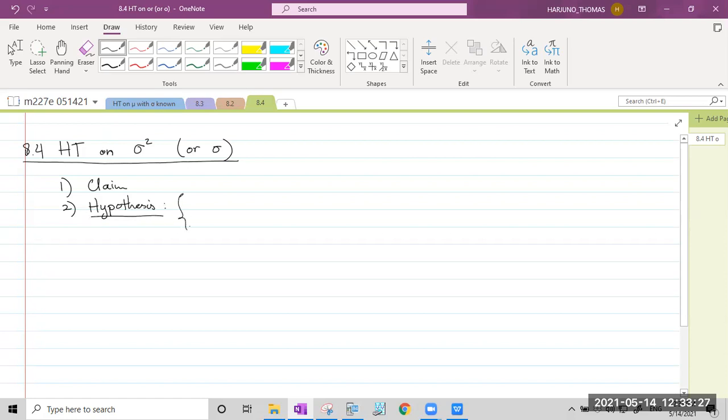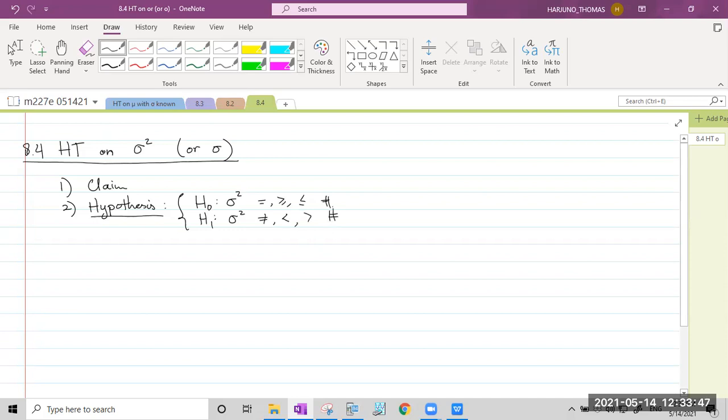The null hypothesis, alternate hypothesis. You are testing on population variance: equals, greater than or equal to, less than or equal to a number. Of course, then the complement will be not equal to, less than, or greater than a number.